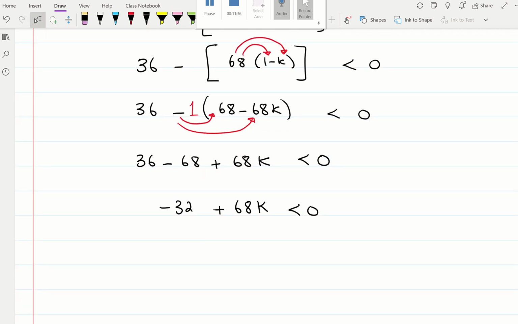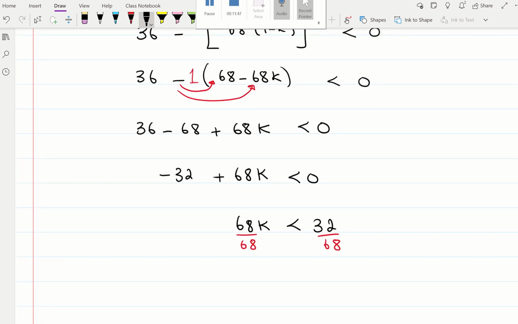I'm going to add the 32 to the other side, so 68k is smaller than 32, and I divide both sides by 68, and I get k is smaller than, if I put that into my calculator, it says 8/17.